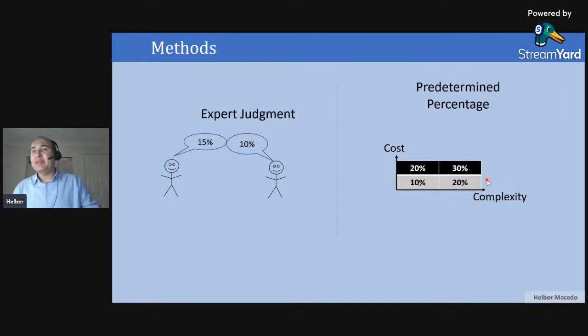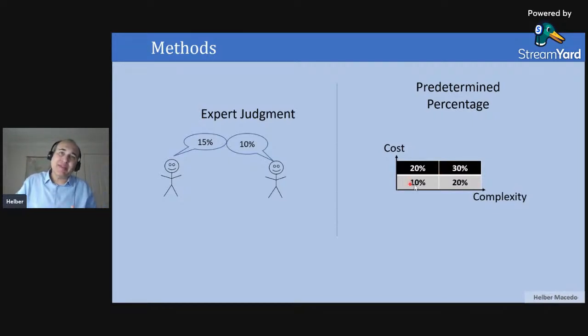Another technique is when I have a procedure. It could be a table, could be a curve, that says, look, in this example here, I'm using complexity. The idea was, I have something that I prepared before, and I have a procedure that I will follow. Say, look, if the complexity of my project is high, and if it's, I don't know, around 1 million, I will need 30%.